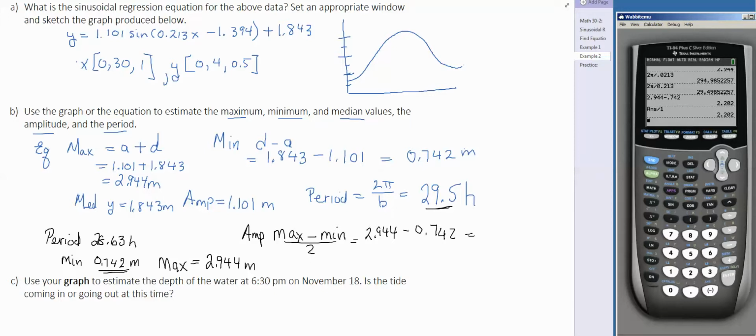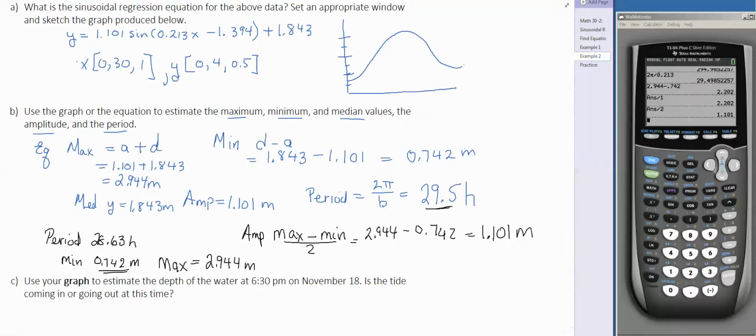And we get an amplitude of 1.101, which is exactly what we got from the equation.